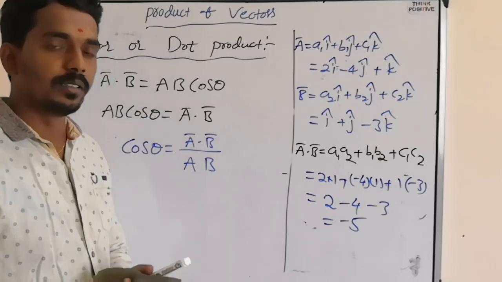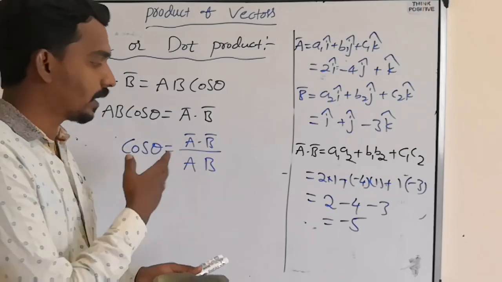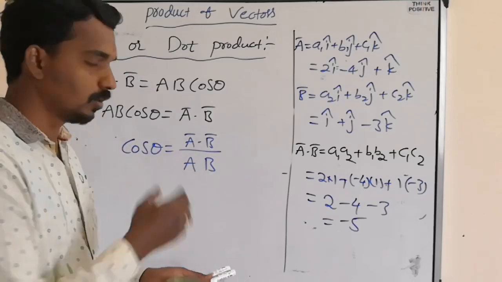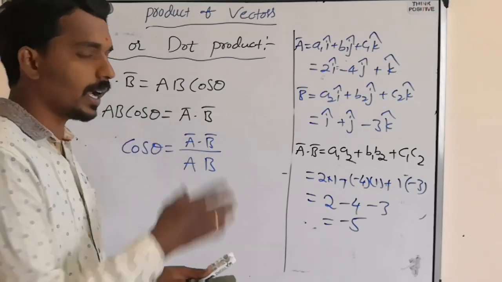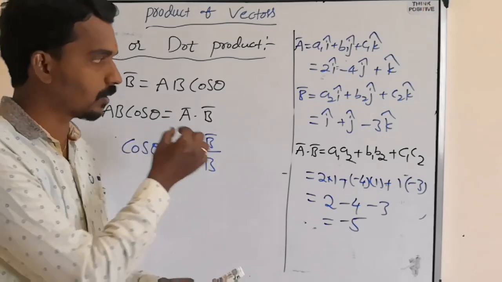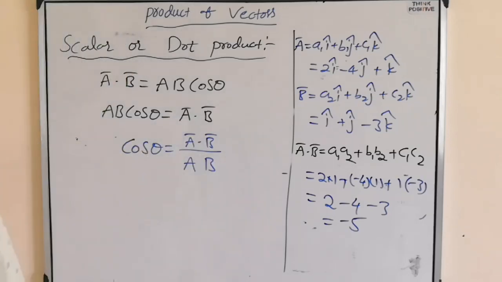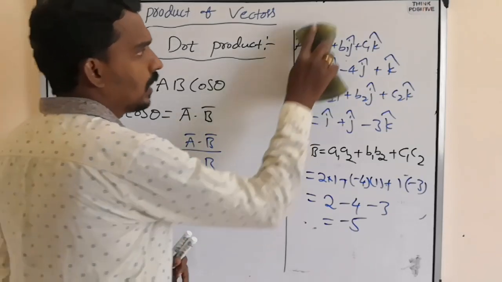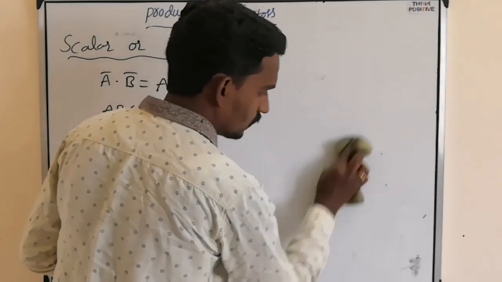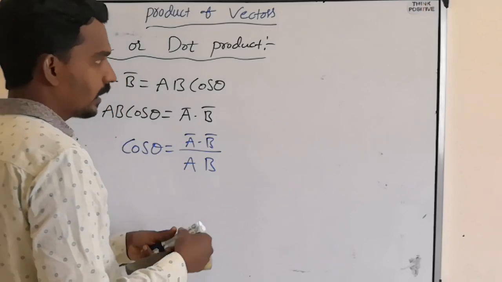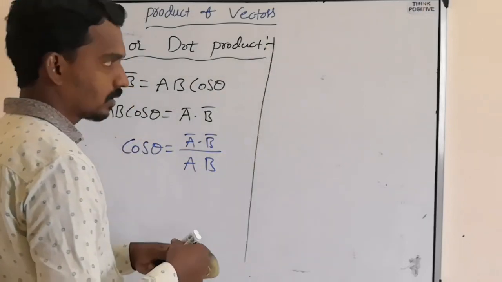Let us try to find the angle between any two vectors. Let us take one example, then you will understand better. To understand this formula, I am just taking two vectors randomly.